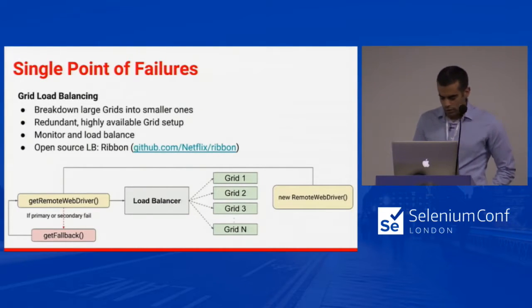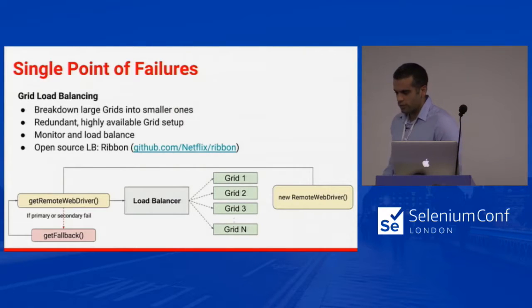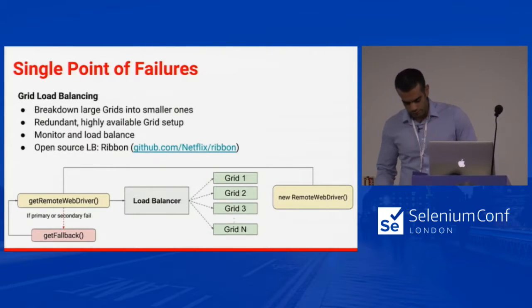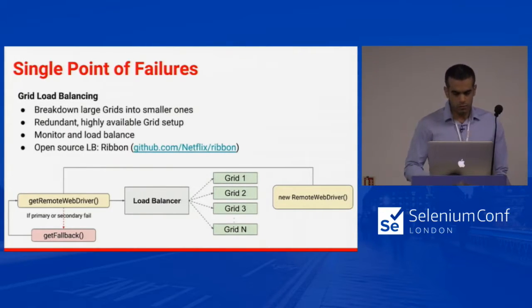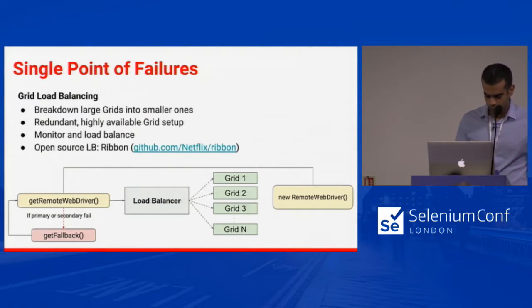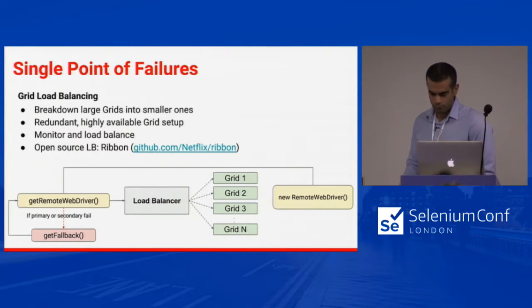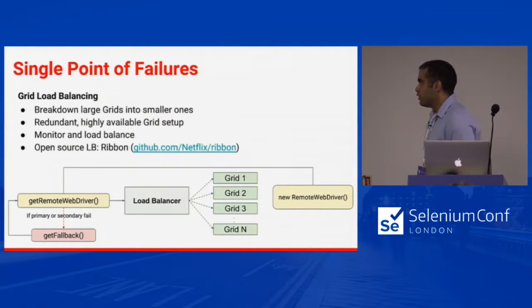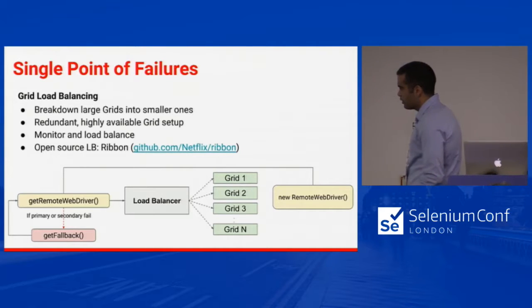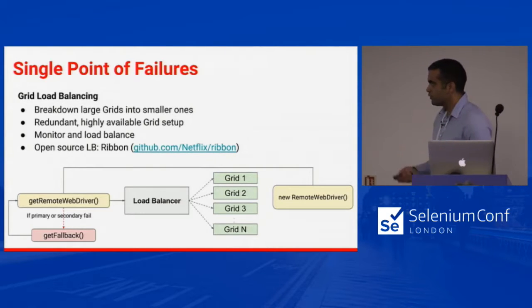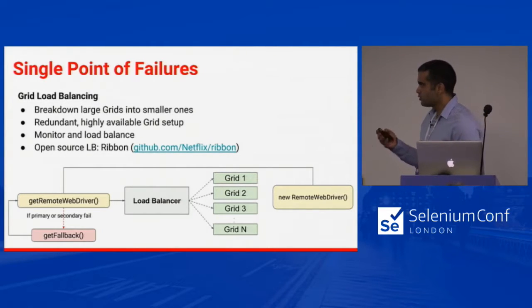When our platform starts to scale up more and more, our grid will also start to get bigger and bigger. A tip I would like to give is to break down the large grid that you have into smaller grid setups.